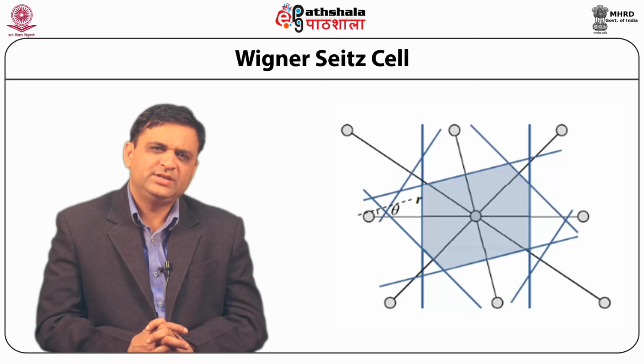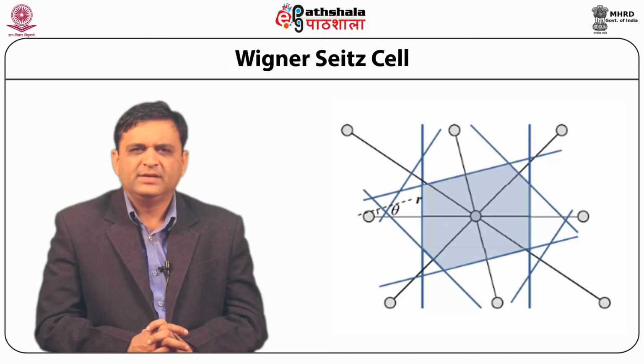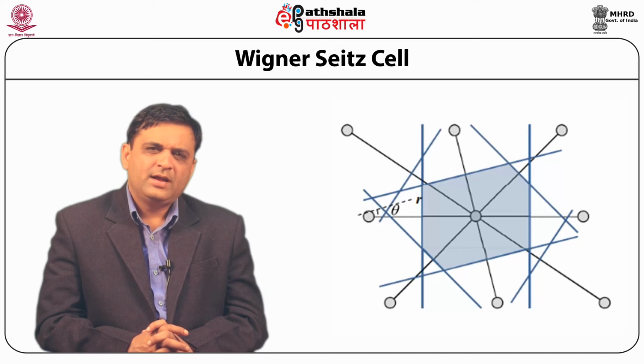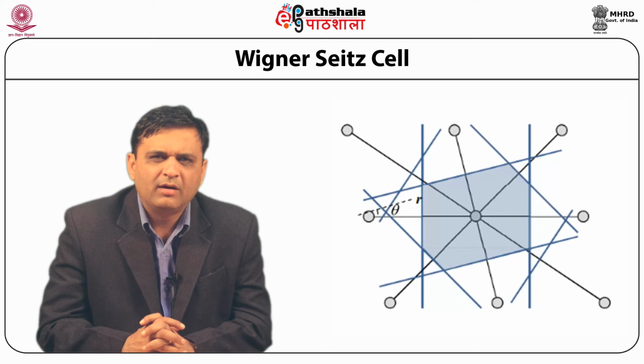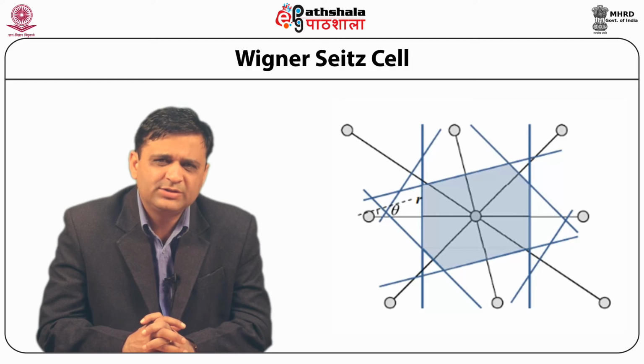Then, in between these 2 points, draw a perpendicular line. In 2 dimension this would be a line, but in 3 dimension it would be a plane. Now you can see the shaded area in between, so that area is bound.